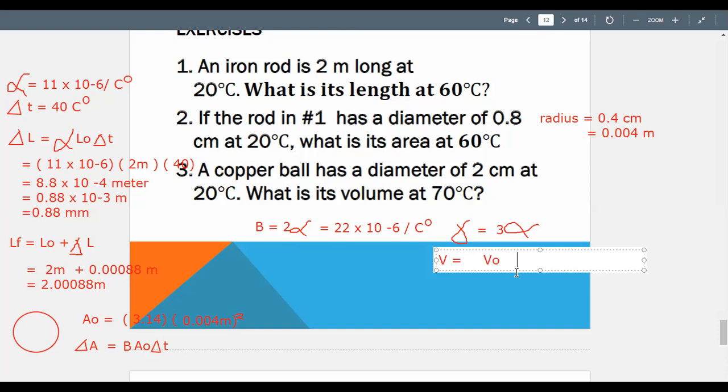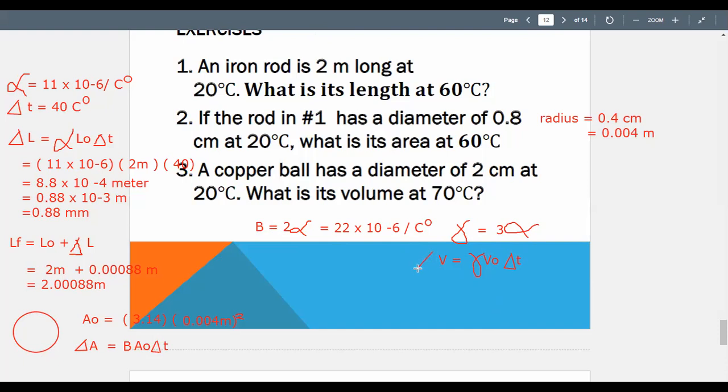Then you'll have here your delta T again, which is always initial minus final temperature. So this one is the change in volume also.